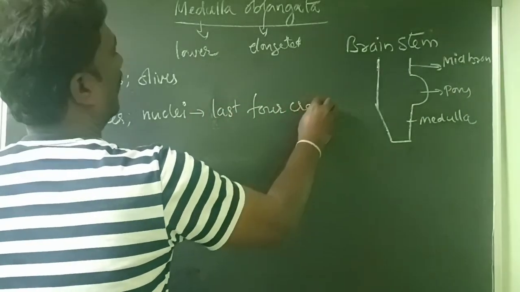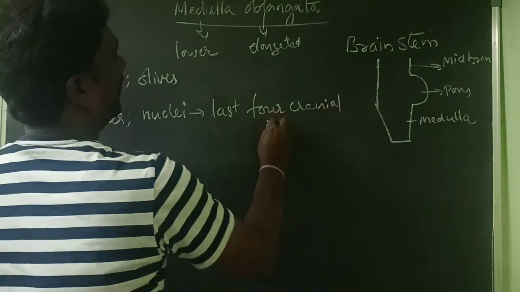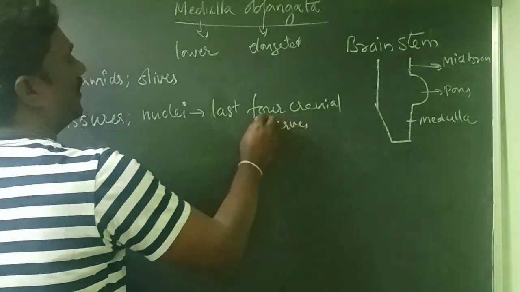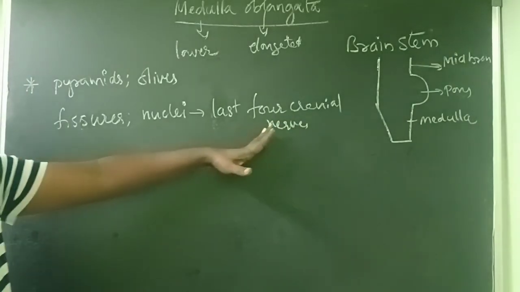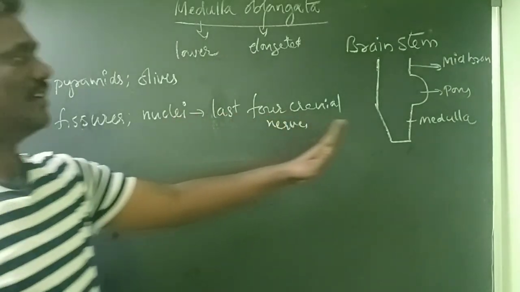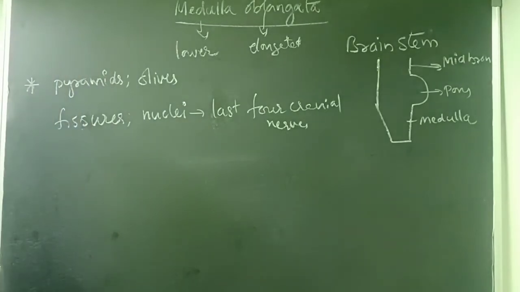The nuclei of the last four cranial nerves are associated with the medulla oblongata.